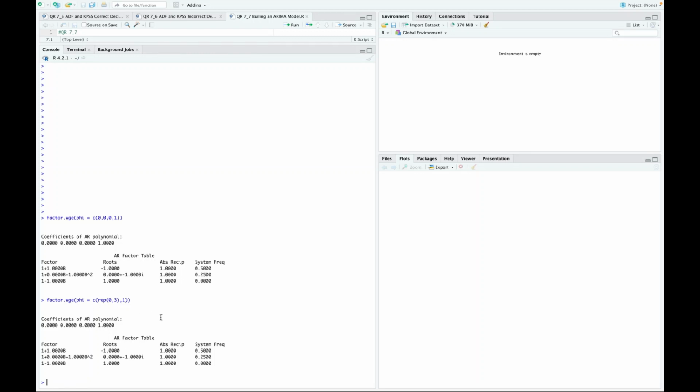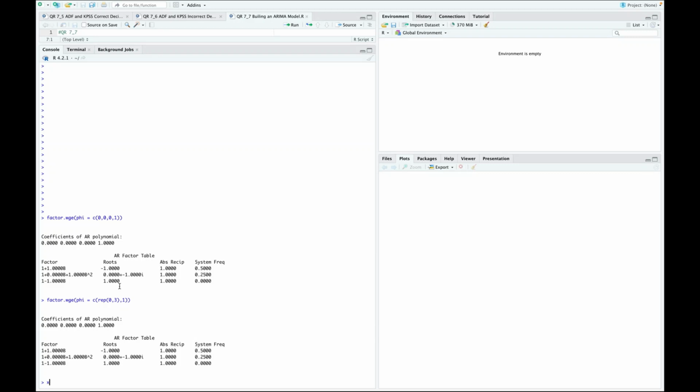Now we want to link this to the spectral density. What does the spectral density look like for a model that has a 1 minus b to the 4th? So one way we can do that is to generate a realization.